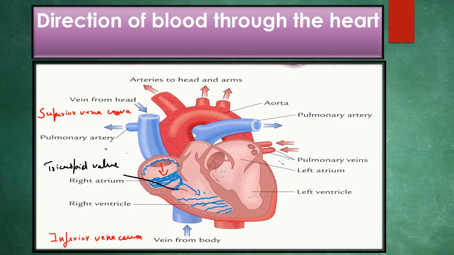Contraction occurs in the right ventricle, pressure rises, and due to this pressure, the valve situated between the right ventricle and the pulmonary trunk opens. This valve is known as the pulmonic valve.